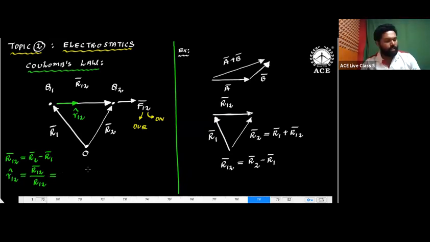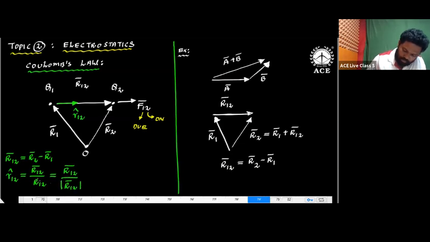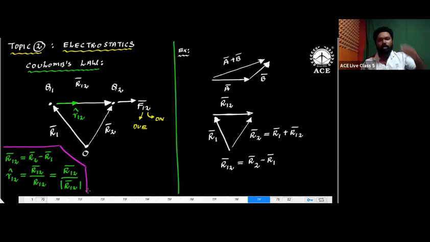The other way of writing the magnitude is to put modulus, R12 by modulus. Clear, beta?